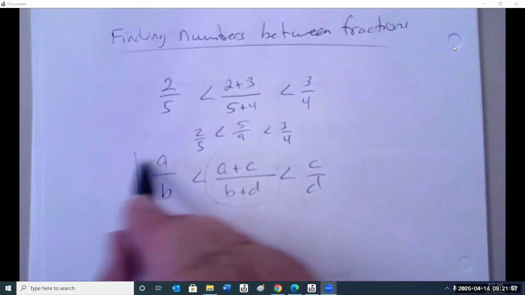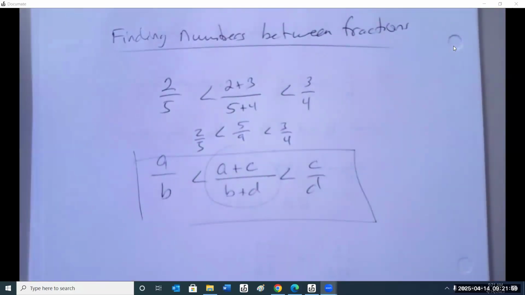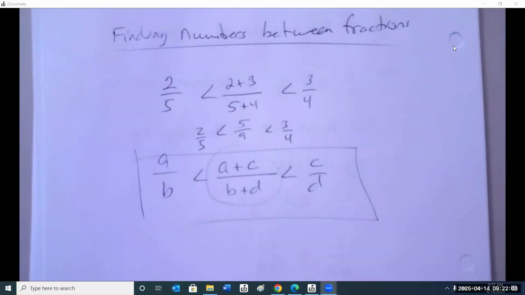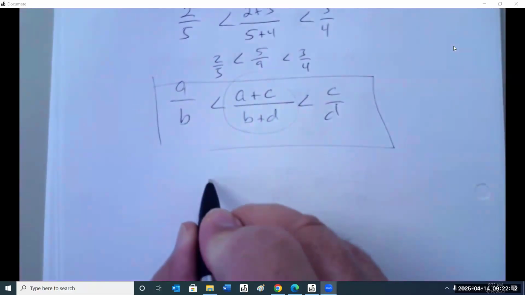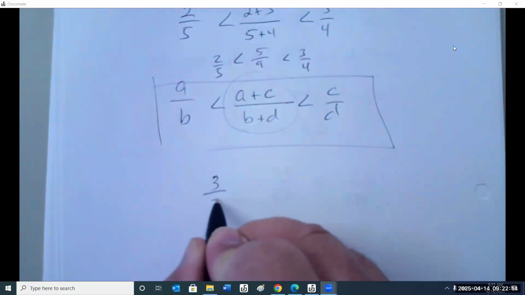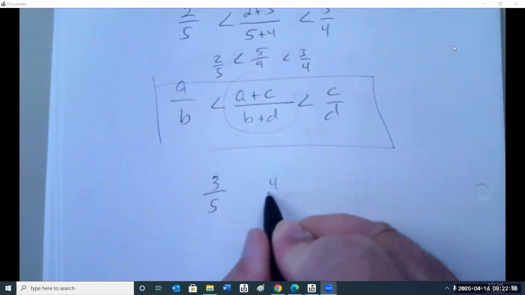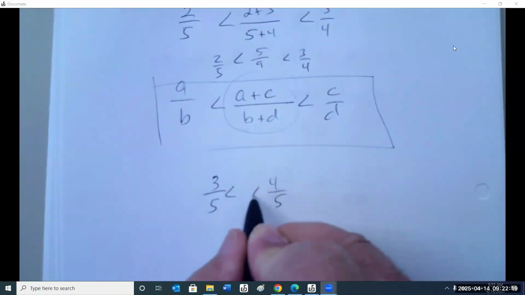So using this formula to find numbers between sets, we don't need a common denominator. Nope. That's the beauty of this formula. If I had more time, I'd derive it for you. Let's check it out.